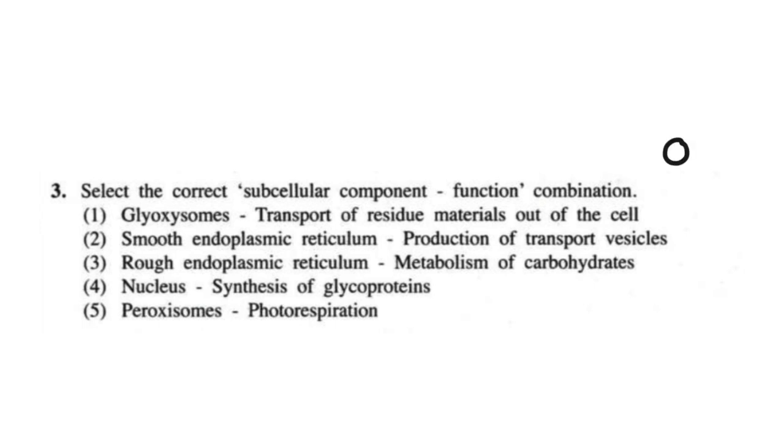They are just simple cell organelles. They're found in plants. They convert fatty acids to sugar. So this one is incorrect. They're not involved in transport of residue materials out of the cell. So number 1 is incorrect.